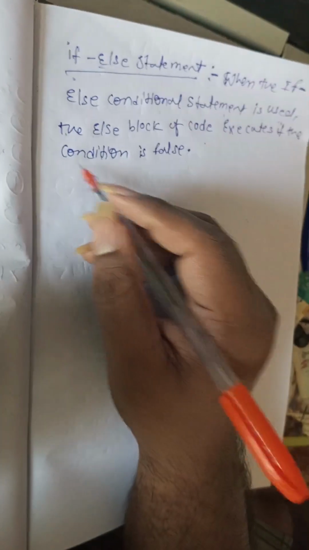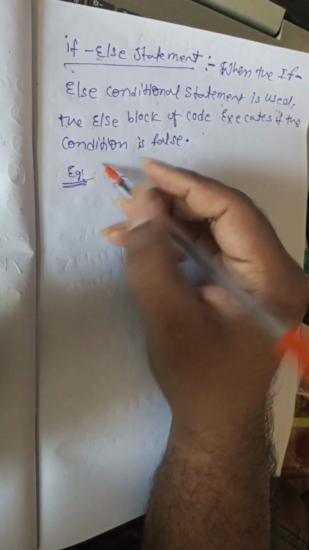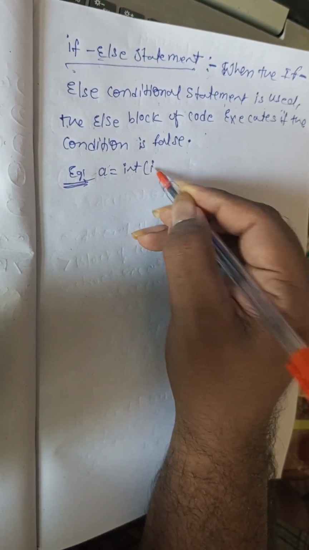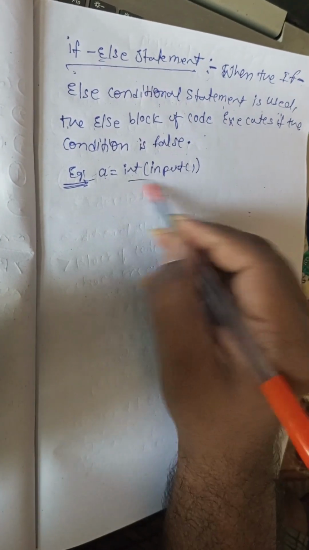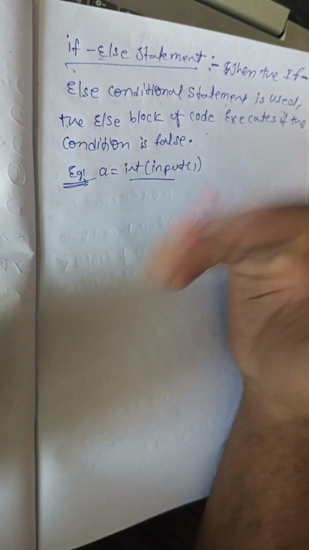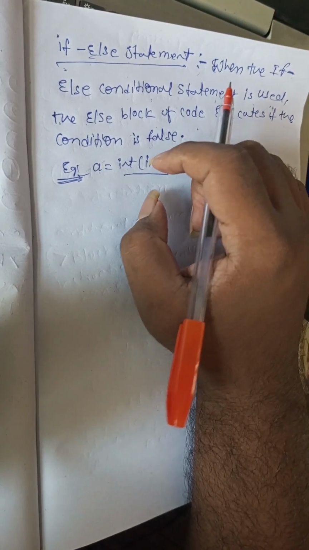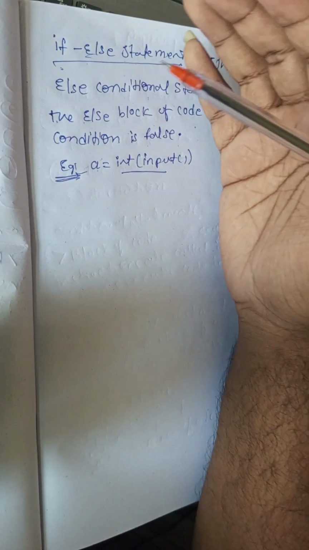Okay, example, I have taken a as int input, we have to take this like in Python. Later I will explain in practical; now I am explaining the theoretical part, then in the practical way I have to show in system.